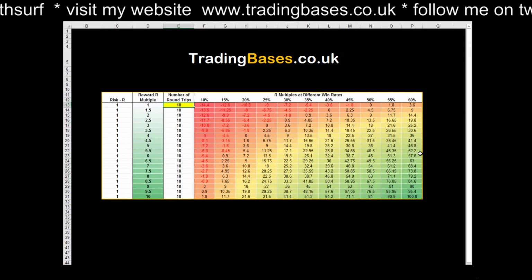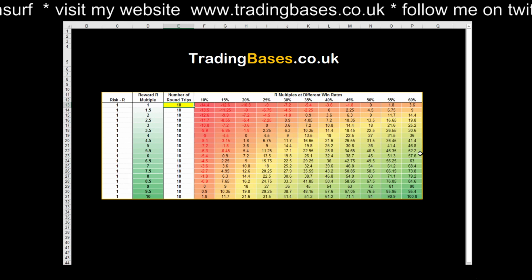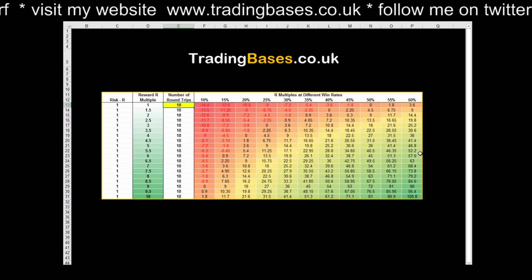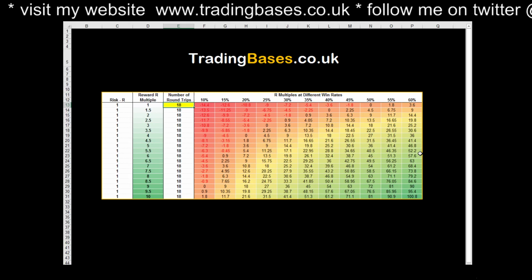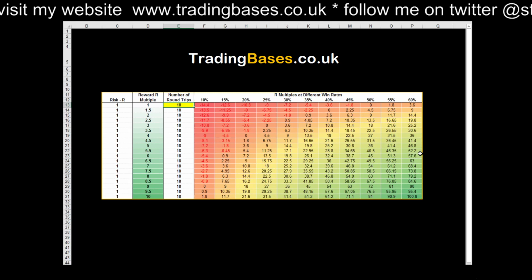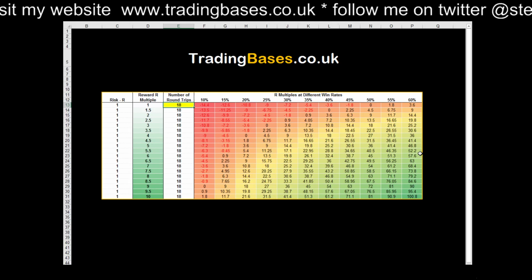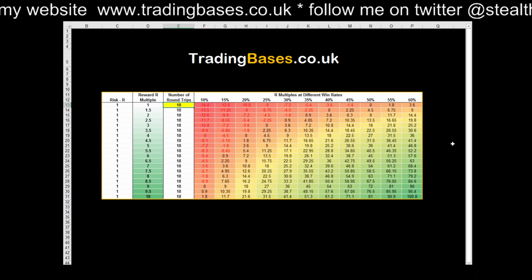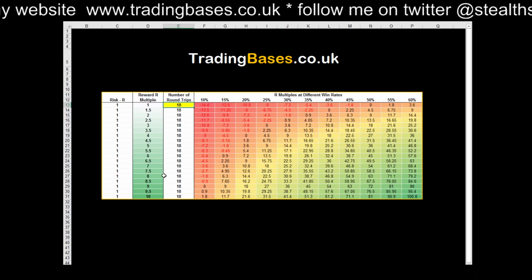So next we're going to talk about distribution of R. What is distribution of R? As the trades get closed, you're going to have a lot of scratch trades. The outliers are going to be at this end.